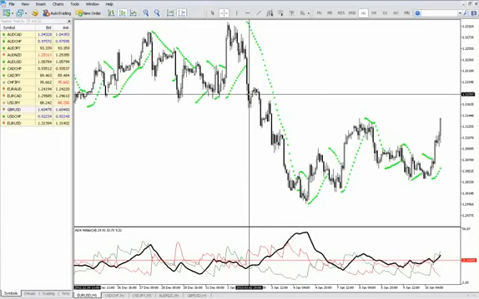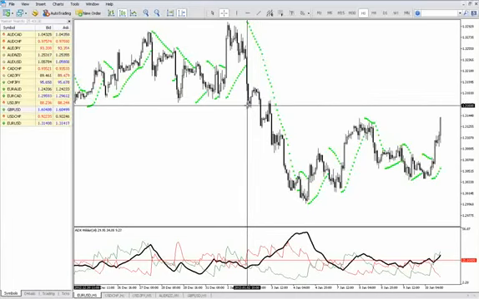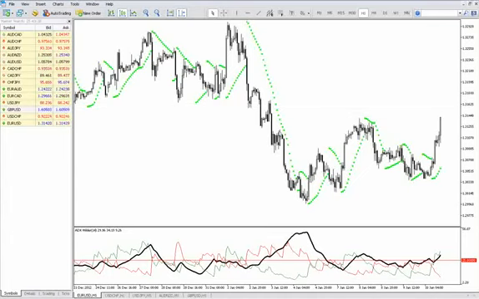Okay, so at this stage we know that there is a downtrend that could happen. Now, as we said, Parabolic SAR on its own is a little bit less reliable than other indicators. So what we need to do is use it in conjunction with another, and once we do that, it becomes a really profitable way of trading.